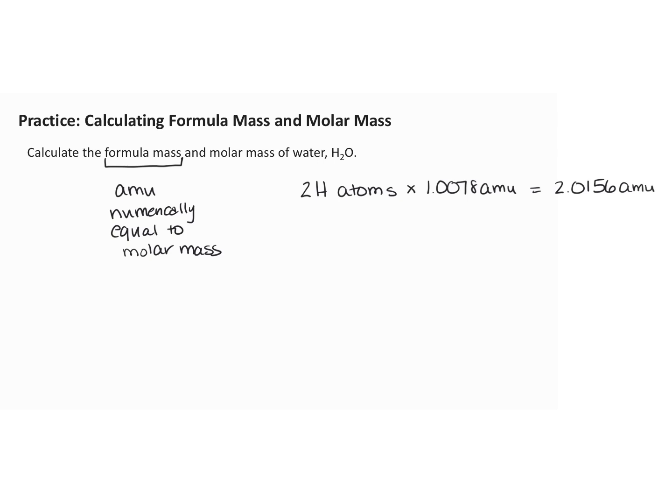And then we'd say, look, there's 1 oxygen atom times 15.999 AMU, and that gives us 15.999 AMU, right? And so we would get 18.015 AMU.